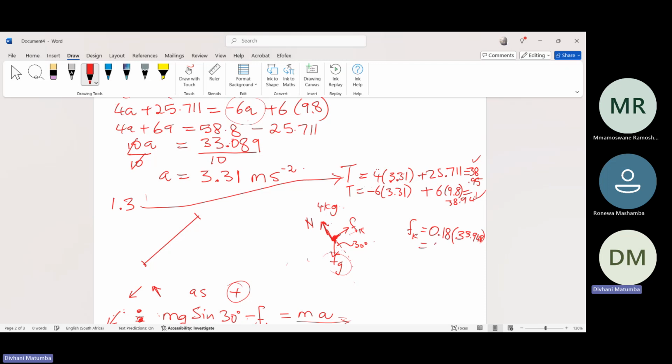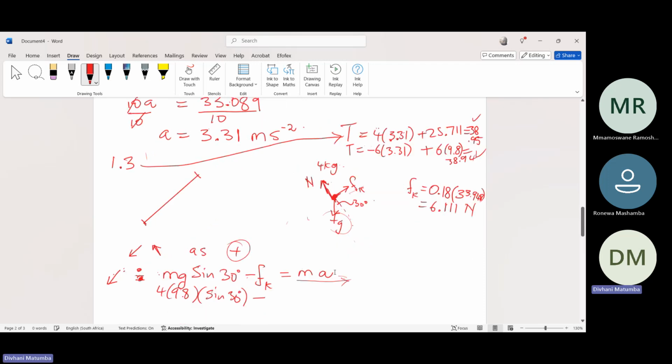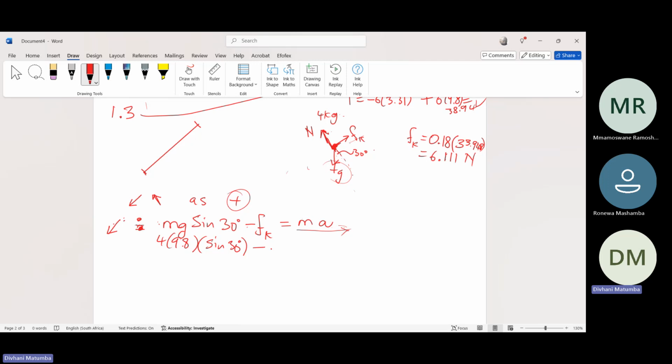And it gave you 6.11 newtons, right? Okay. So I'm gonna put it here, equals to mass, which is 4, times acceleration in the positive direction. That's gonna be a.